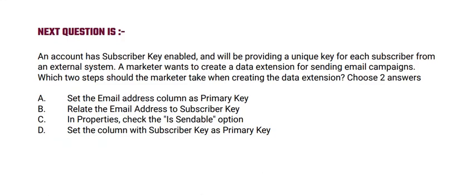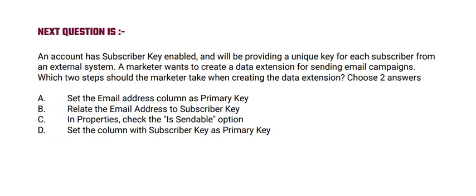Next question is, an account has subscriber key enabled and will be providing a unique key for each subscriber from an external system. A marketer wants to create a data extension for sending email campaigns. Which two steps should the marketer take when creating the data extension?